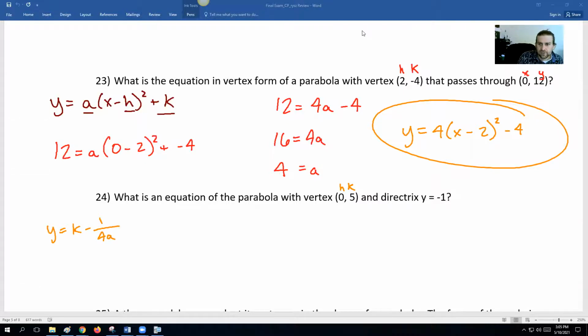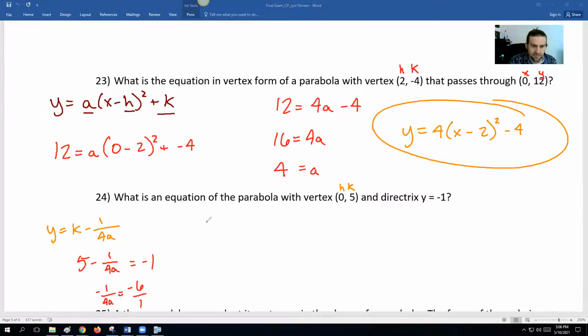So if we know that the directrix is -1, and we know that our k is 5, we can solve for that a. We kind of learned a similar way, but it still works out this way here. We could go through, subtract 5, and we get -1 over 4a is equal to -6. Now to solve this, I'm going to make this -6 over 1 and cross multiply.